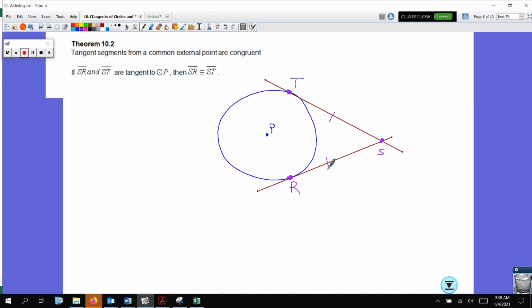They are congruent. Okay? So RS is congruent to TS. You could say TS or ST and SR, it doesn't matter, but those two segments between the points are congruent.